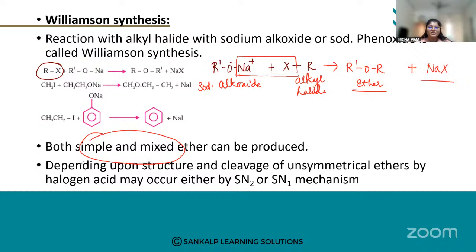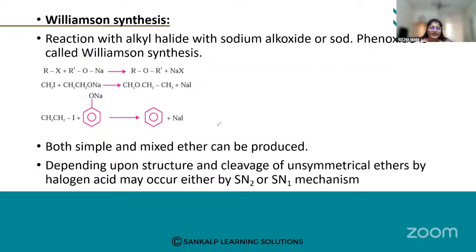Let us take one example. I have taken C2H5ONa. What is the name of this compound, students? It is sodium ethoxide. Sodium ethoxide reacts with methyl bromide. What am I going to get?